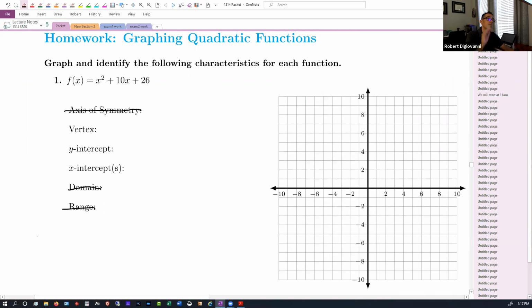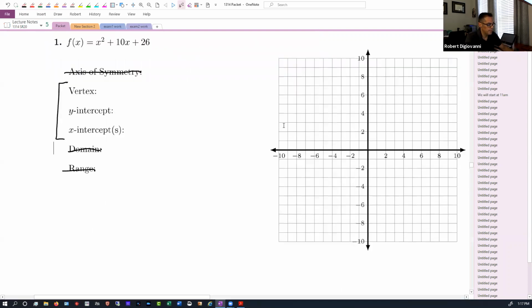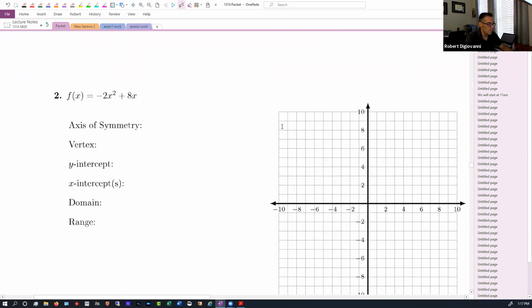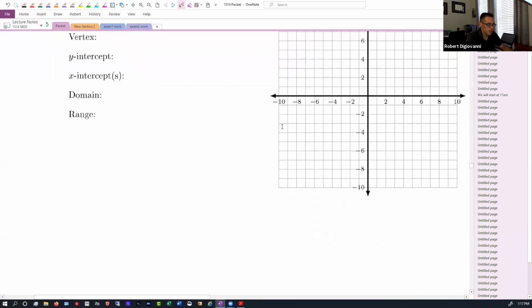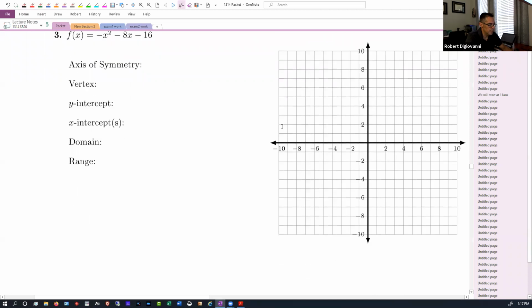I want you to go through the 6 steps. When you do the 6 steps, you are going to wind up figuring out what the vertex, x-intercepts, and y-intercept are. That's built into the 6 steps. Don't worry about finding the axis of symmetry. The domain and range we're not even going to talk about. So that first problem I think is doable. This next problem is doable. Same thing, same instructions.